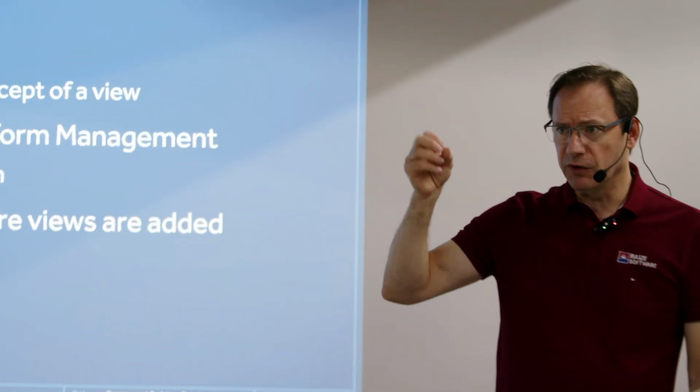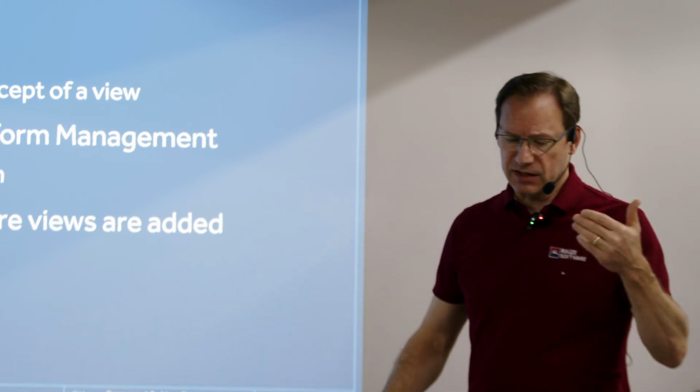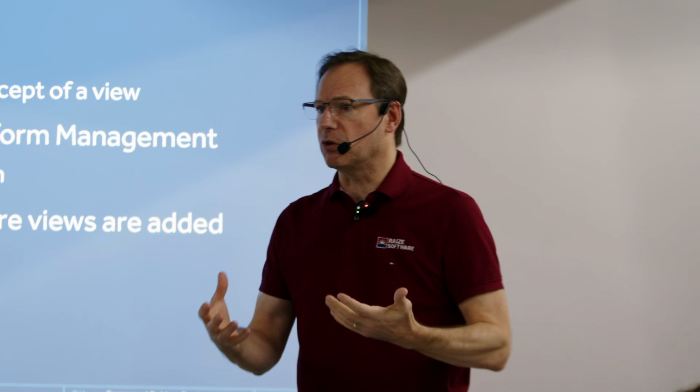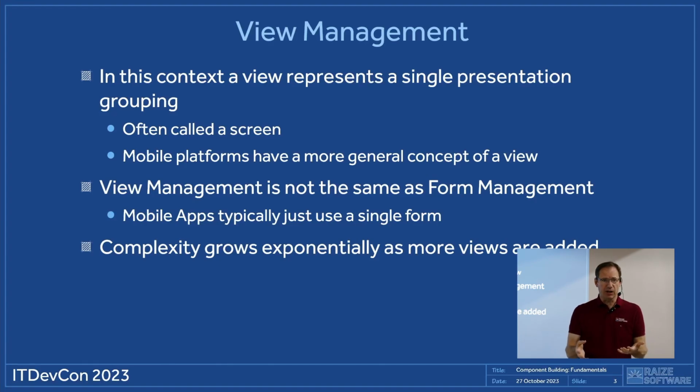So moving on to what does view management mean? It's easiest when you think about it in terms of your phones, but it doesn't necessarily have to be that way. On phones, we typically run one application at a time. I'm not talking iPads or tablet devices where you can do multiple apps and so forth, but it's the same principle. We have sections of our app, generally we like to call it a screen, and we navigate.